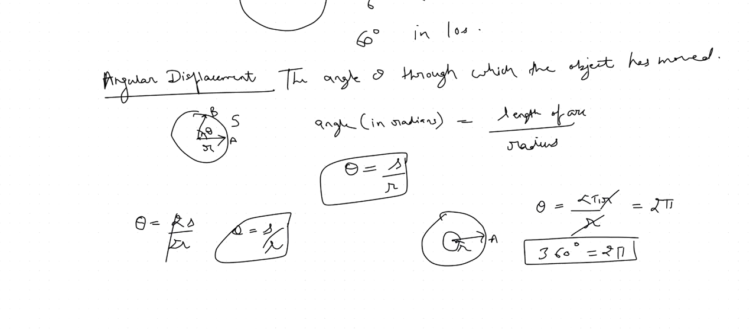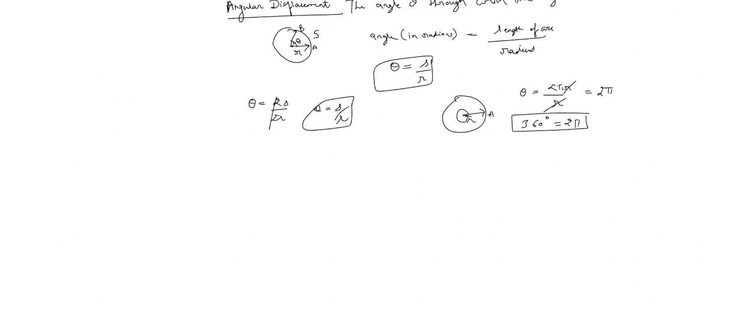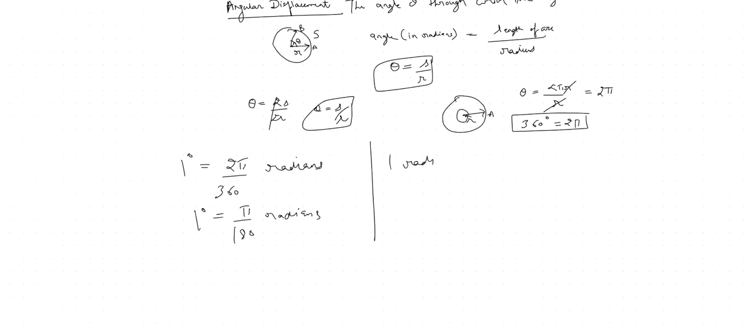If 360 degrees equals 2 pi, what does that mean? This means that 1 degree is equal to 2 pi upon 360 radians, that is, 1 degree is equal to pi upon 180 radians. And for 1 radian, 1 radian is equal to 360 degrees by 2 pi, or 180 by pi degrees.